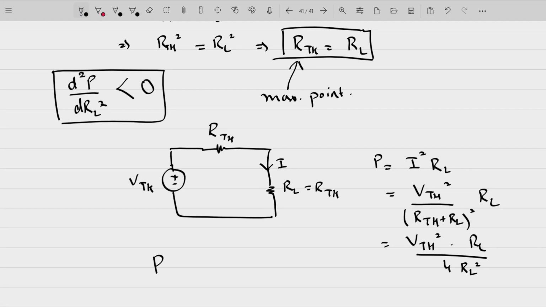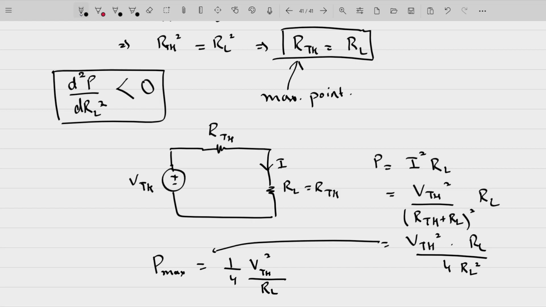So P max from here is 1 by 4 VTH square by RL.